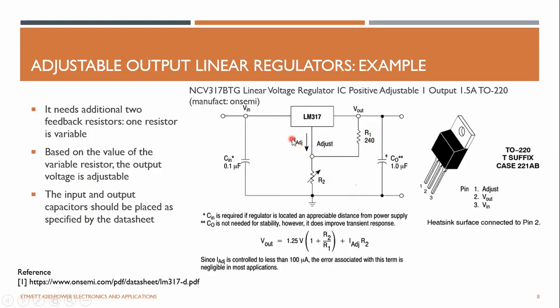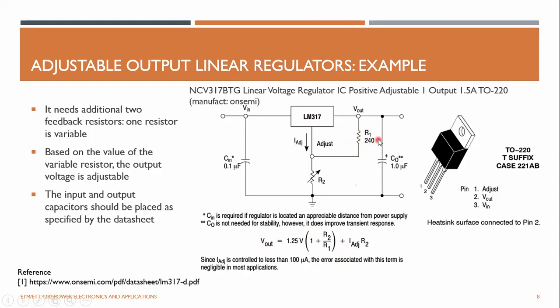For example, if you buy an adjustable linear regulator like the LM317, and you want a fixed output, let's say you have this device and you want to get 3.3 volt output. So you can find these R1 and R2 values using the manufacturer-specified equation. You need to know your desired output value, and typically you can take one resistor as a known value, like R1.